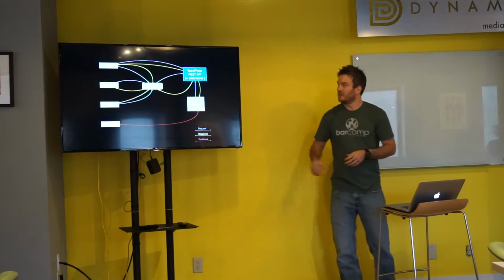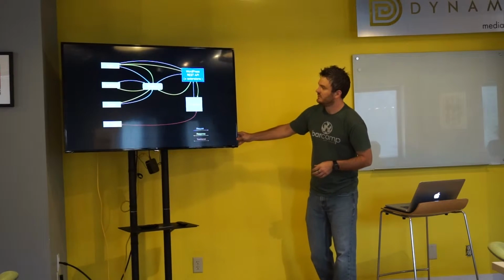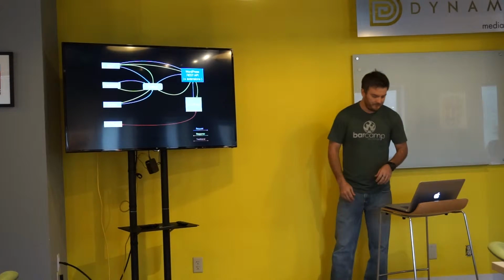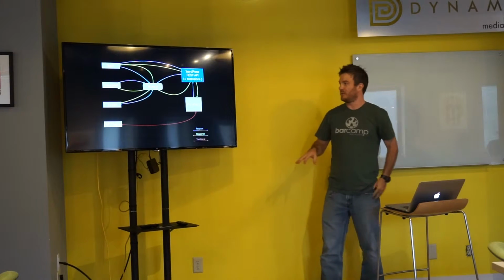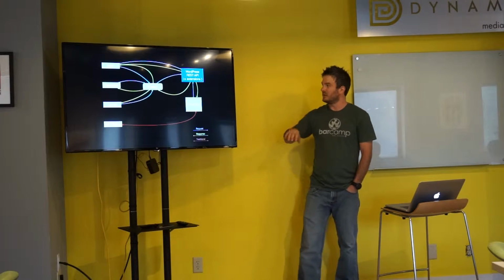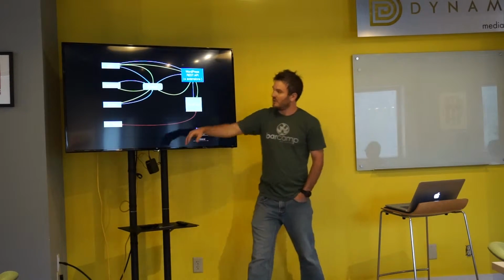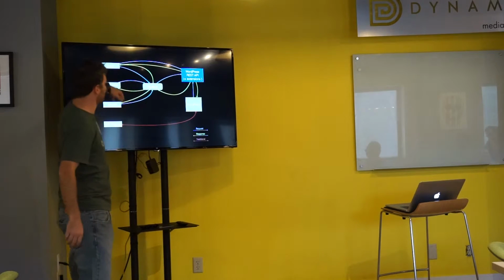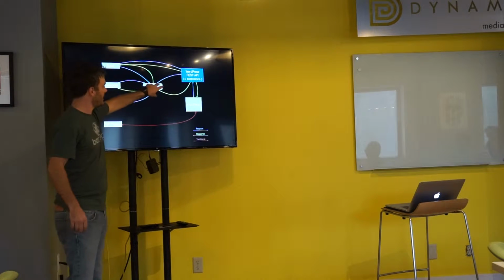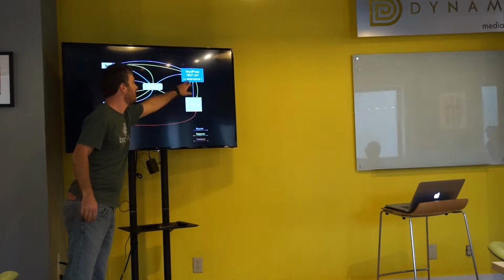So this is kind of, it's not very visible up here, this is kind of the architecture that I've been running into with some of the stuff I've been building. Over here we have kind of all of our clients. And then we have some application logic here. We have WordPress core and WordPress REST.